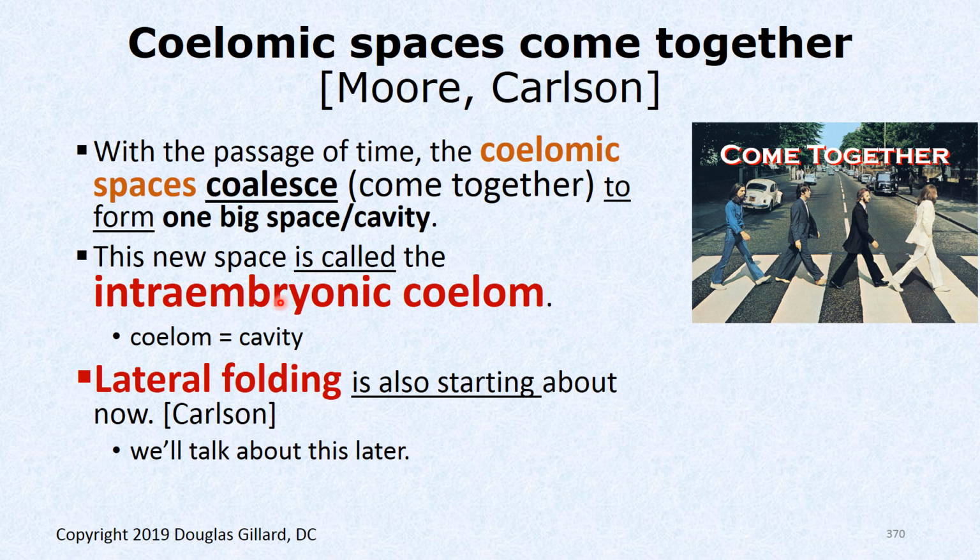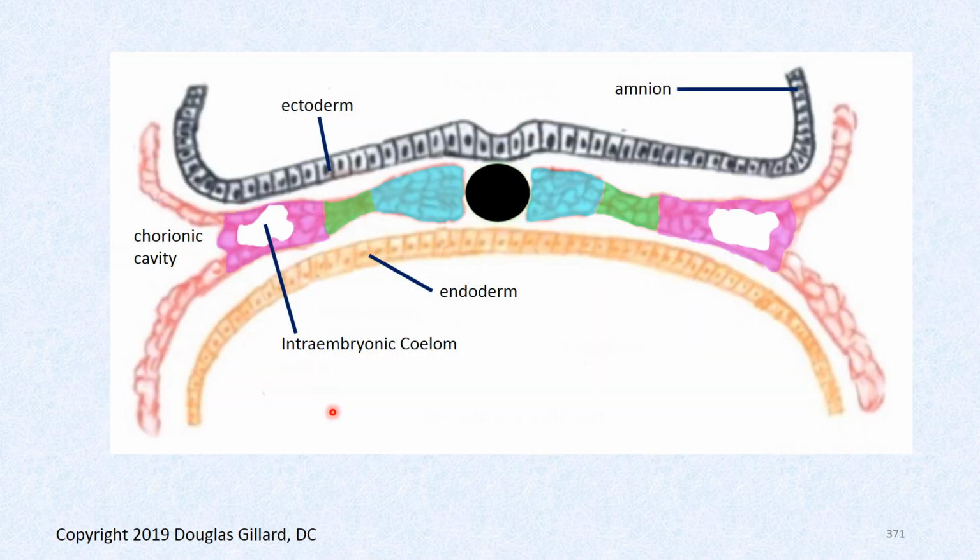It means it's inside the embryonic tissue. It's not outside of it. And it's a cave. It should also be noted, we'll talk about it two videos from now, that the folding process of the embryo has started right now, because these cavities form as we get some lateral bending, some lateral folding of the embryo. But we'll talk about that later.